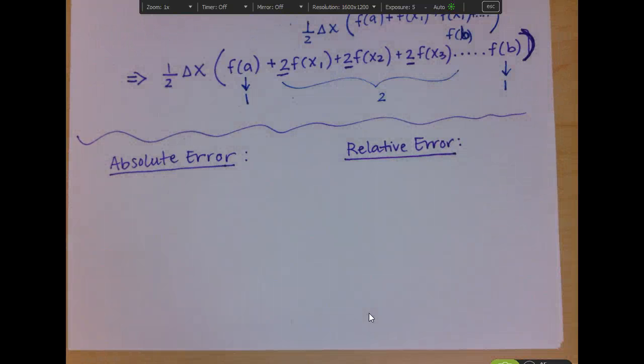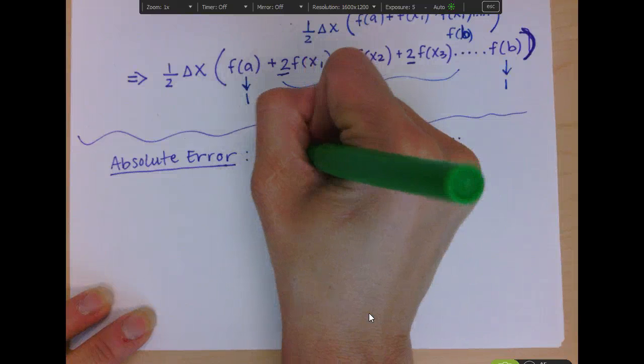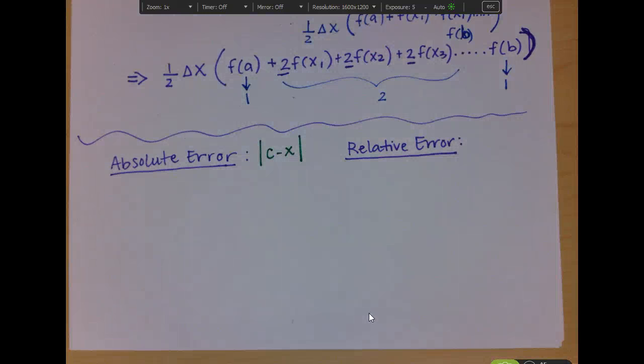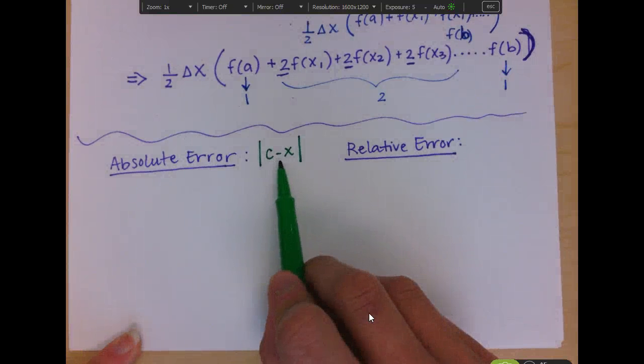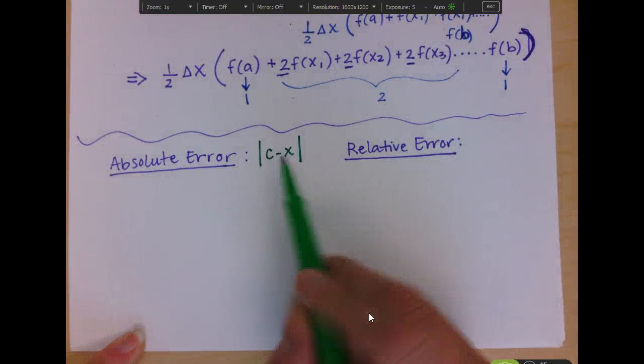For absolute error, basically all we want to know here is, in its positive form, so regardless of whether we were overestimating or underestimating, how far were we from the actual answer?